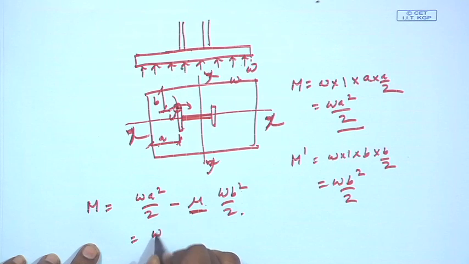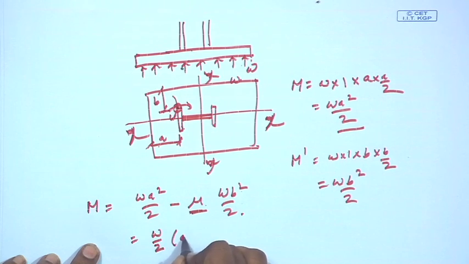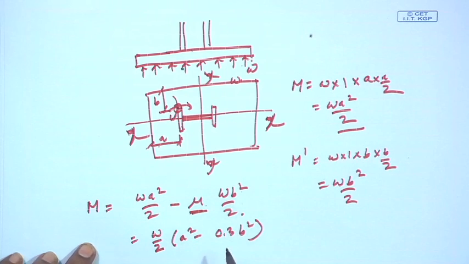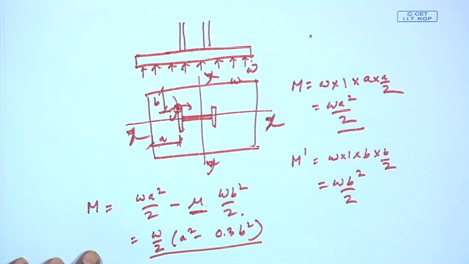So, I can consider W by 2 into a square minus 0.3 b square. So, maximum effective bending moment can be found as W by 2 into a square minus 0.3 b square, where A is the longer projection and B is the shorter projection.